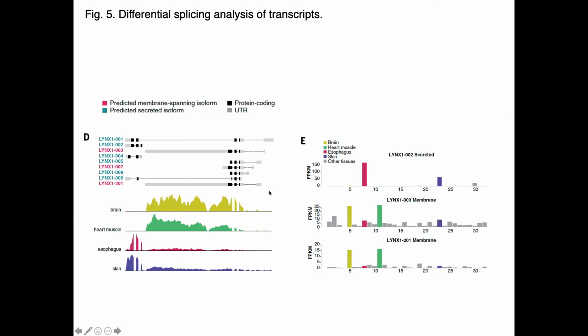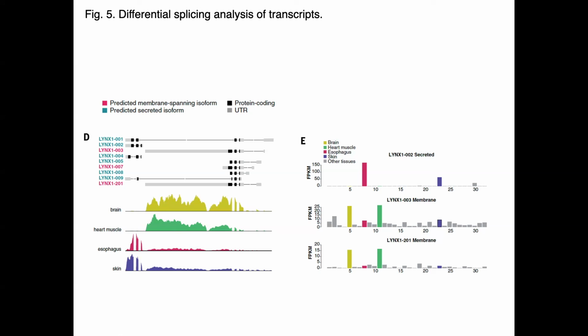And you may notice that no peak is detected at the intron level. For instance, the intron somewhere here in the middle is empty, all right? Depending on which isoforms are expressed in different tissues, the peaks show different shapes, okay?